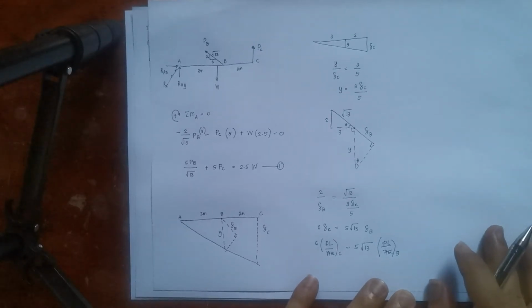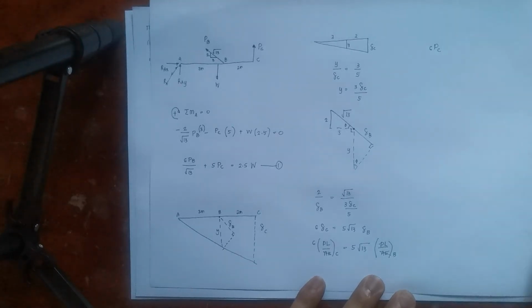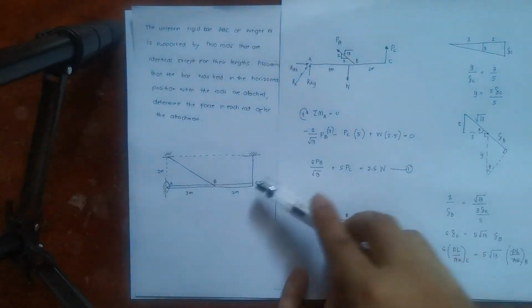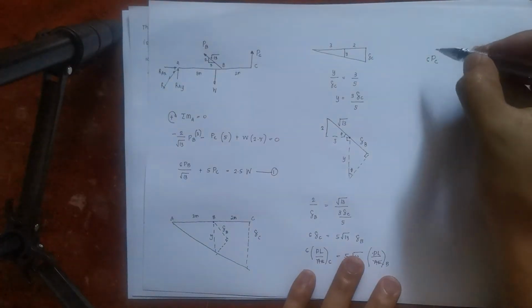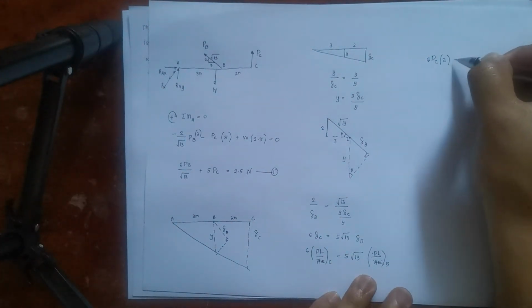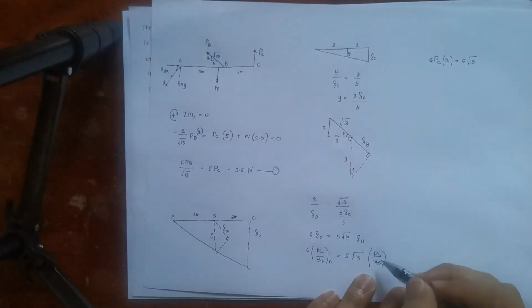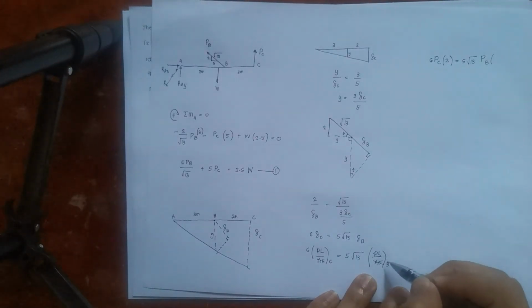So, magiging equation natin doon is 6 multiplied by the force at point C multiplied by the length at point C. Ano yung length sa point C? Bar C, 2 meters. So, multiplied by 2 meters is equivalent to 5 square root of 13 multiplied by force at bar B multiplied by the length of bar B.